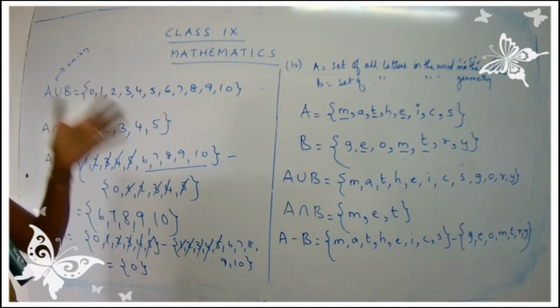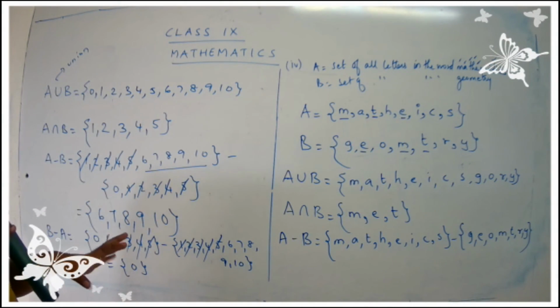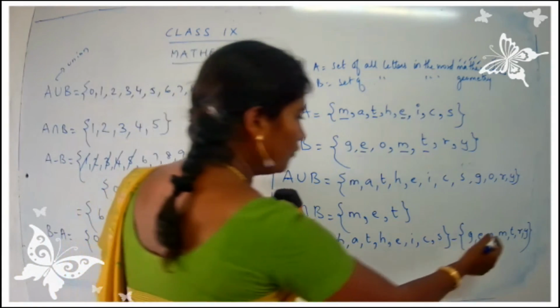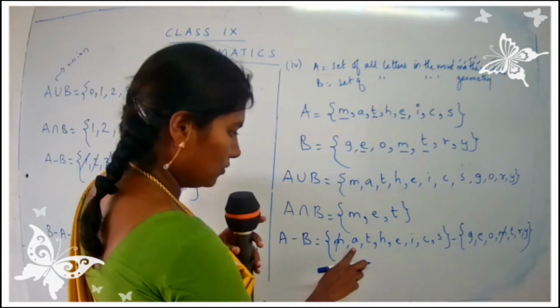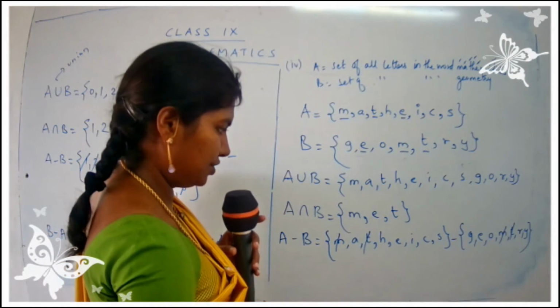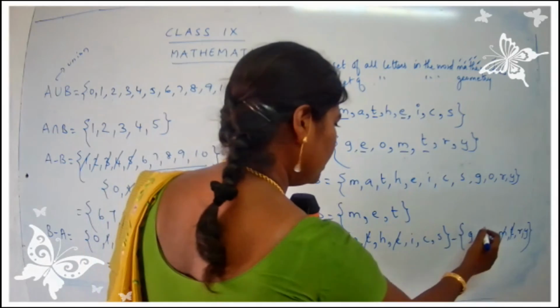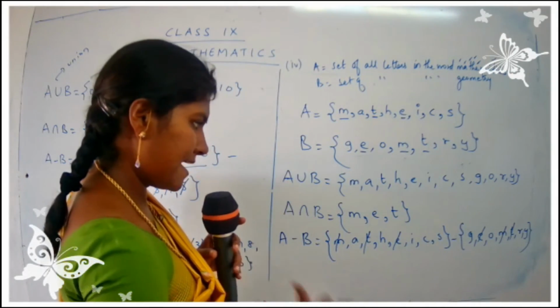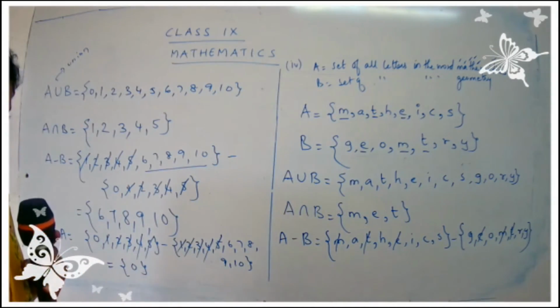You just remember, you can just cancel the common elements. M is common for both. A, no. T is common. H, no. E is common. I is not there. C is not there. S is not there.